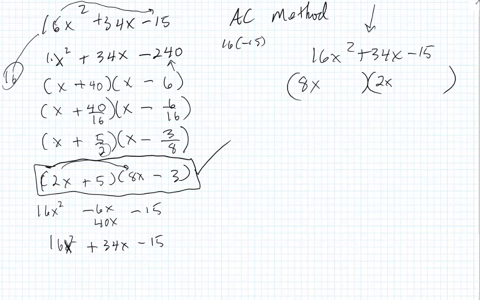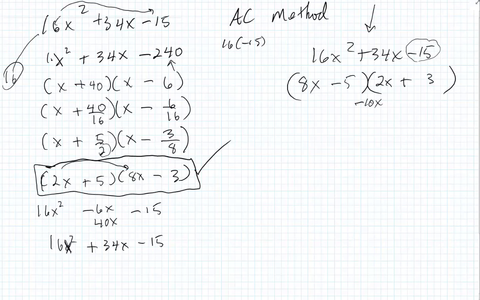We guess this. Now we need two factors of negative 15, period. They're not going to add up to 34. I just need two factors of negative 15, and then I'm going to check to see if they work. So I might try like a negative 5, positive 3, for example. They have to have opposite signs to make a negative 15. Now let's see if this works.